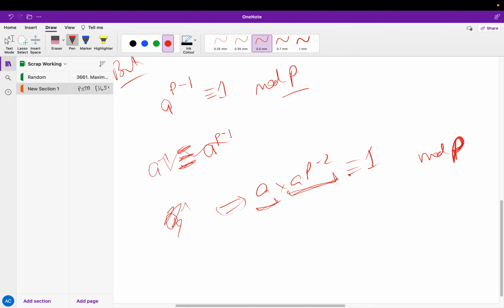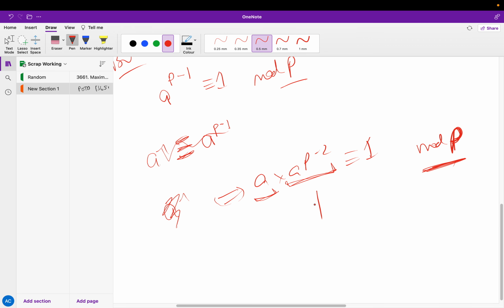Which means this one over here is the inverse, isn't it? If that's the inverse, then if I can find this value, a to the 1,000,000,005. Oh, but there's tricks and stuff. Is this a bad idea? It's probably a bad idea, right?